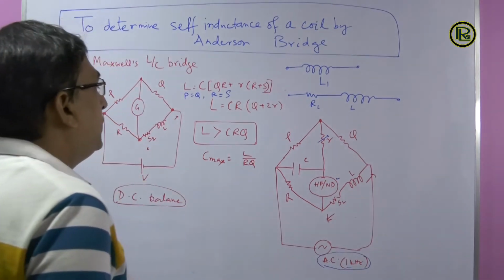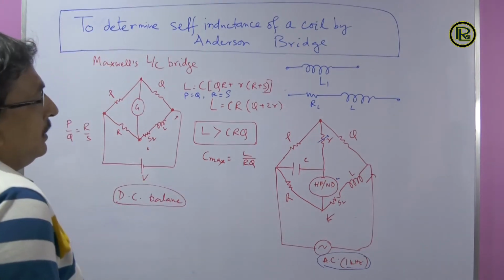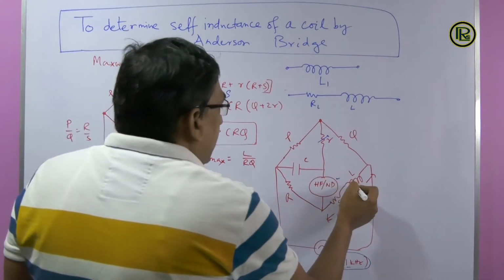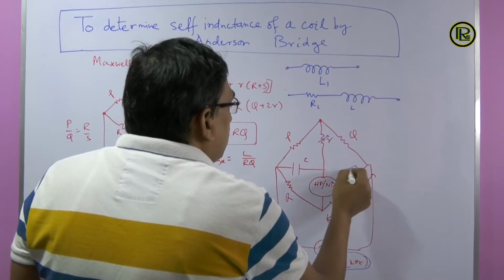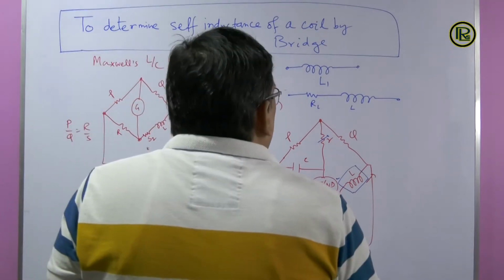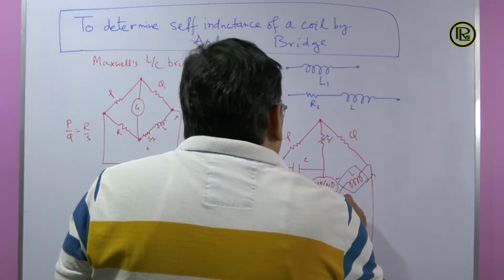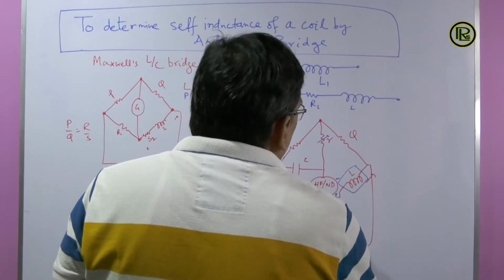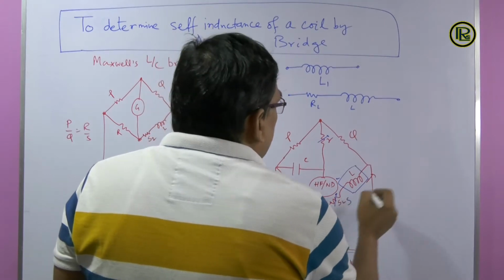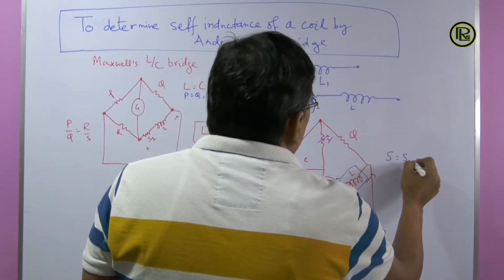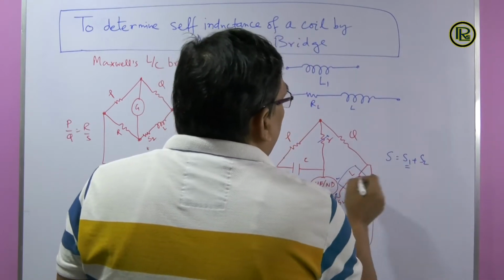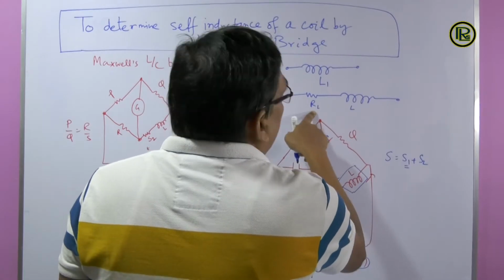So, to find the L value, we have to find the value of this L. This arm has one resistance which is variable, this one S2, and L. The arm has the resistance S. This S is equal to S1 plus S2, where S1 is the resistance of L. That means this RL I am talking about.